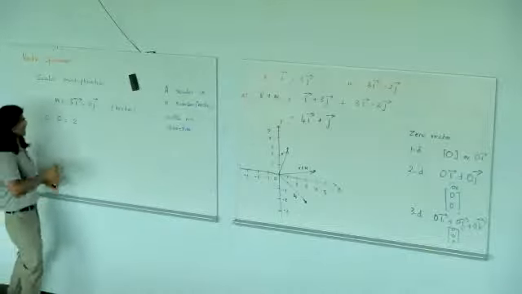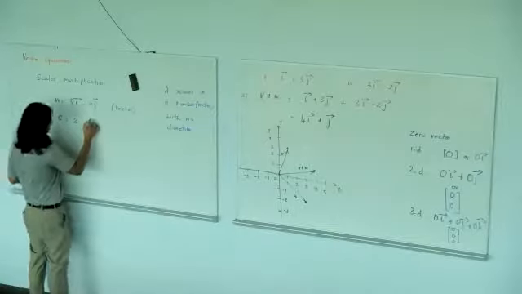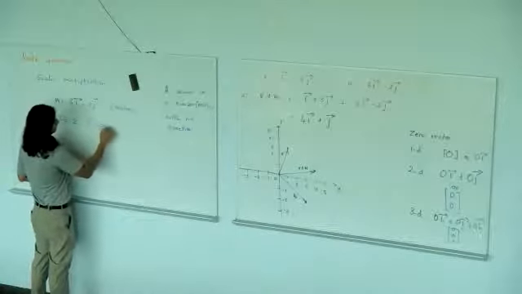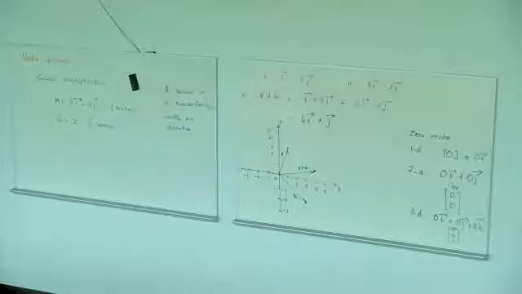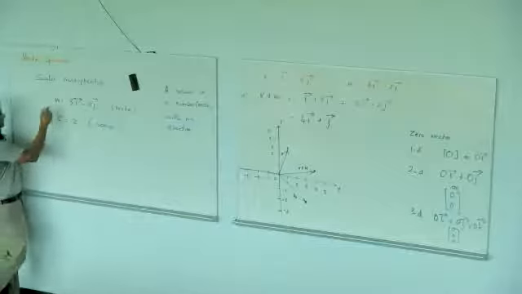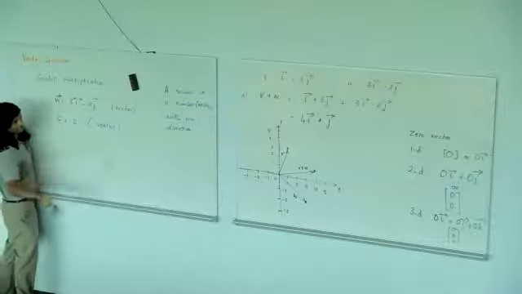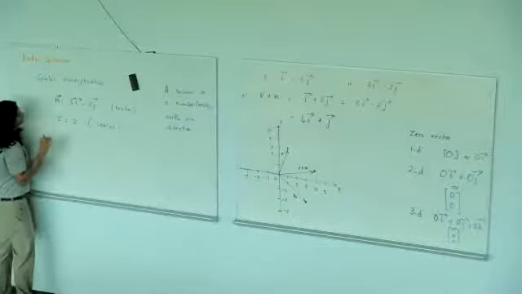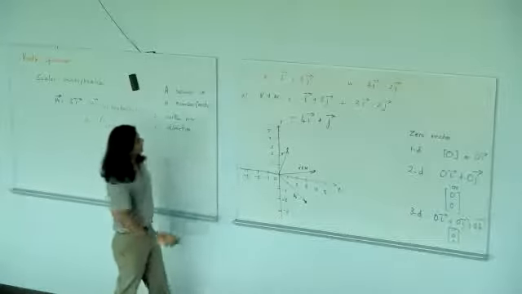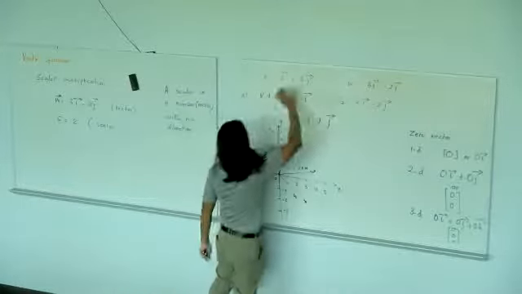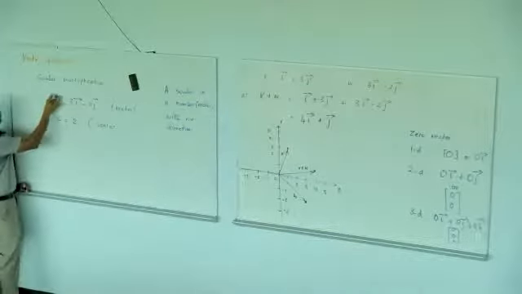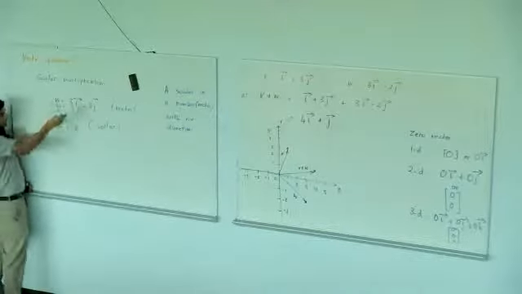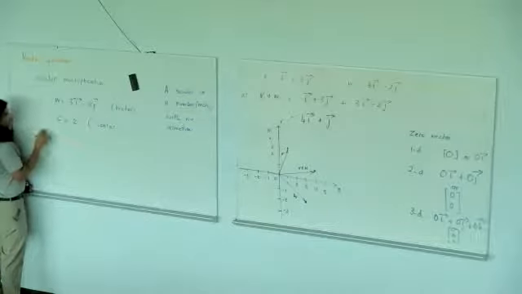I don't want to use I or J or K or A or B. So I want to multiply the vector W, which has a direction, by the scalar C.